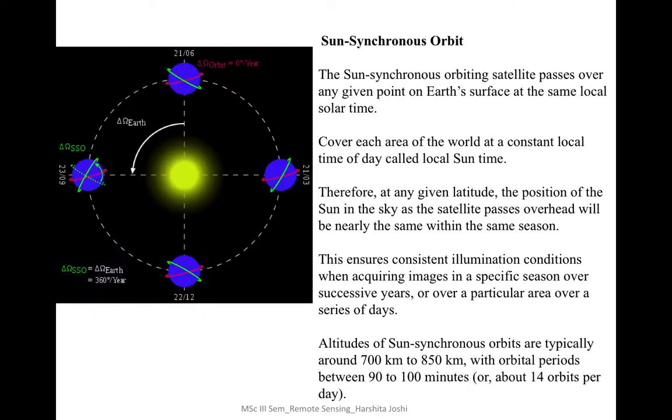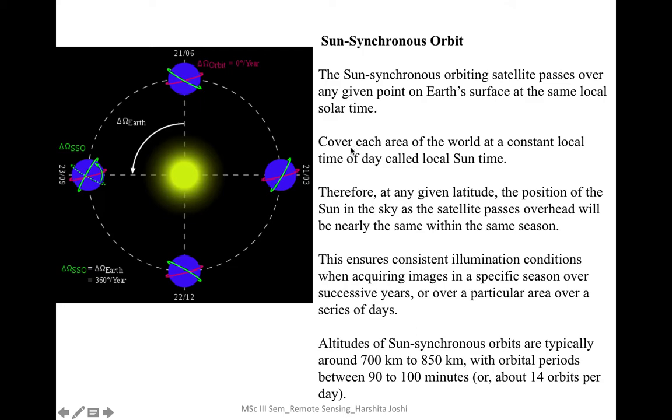Okay. Coming to the sun synchronous orbit, the orbits which are synchronous to the sun. As shown in the figure here, they pass over any given point on the earth's surface at the same local solar time. So this satellite passes over the same location at the same time always.